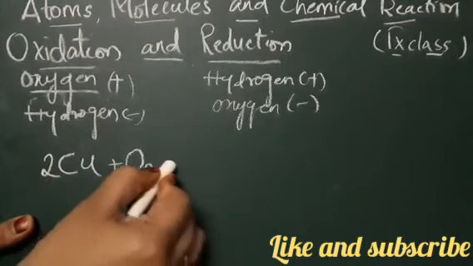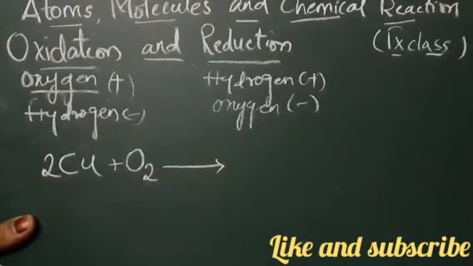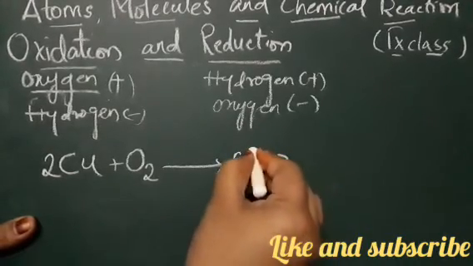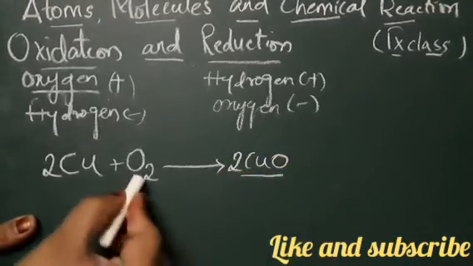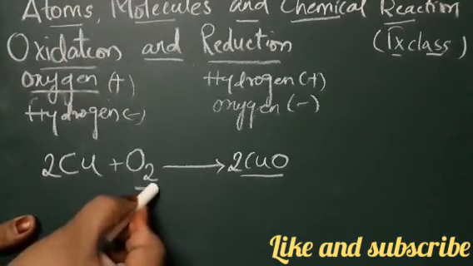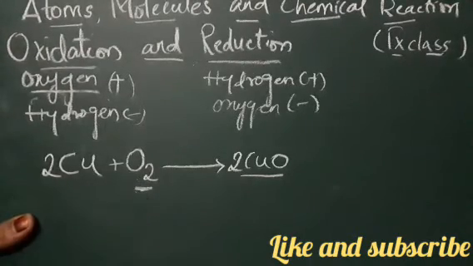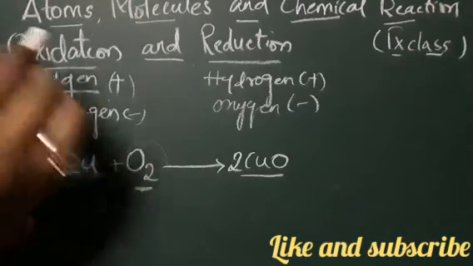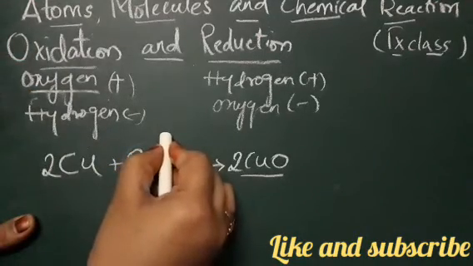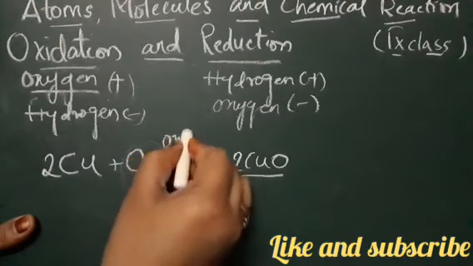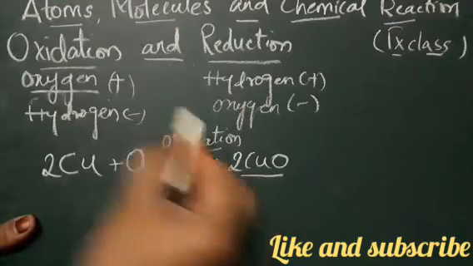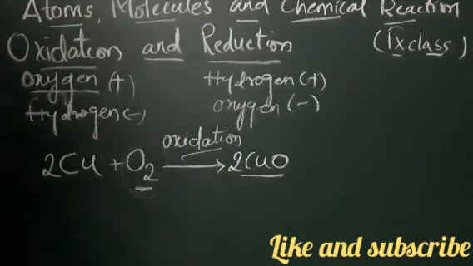So this becomes, you will form 2CuO. Copper oxide is formed, right? So what is happening here? You are adding oxygen. When you are adding oxygen, it becomes an oxidation reaction.